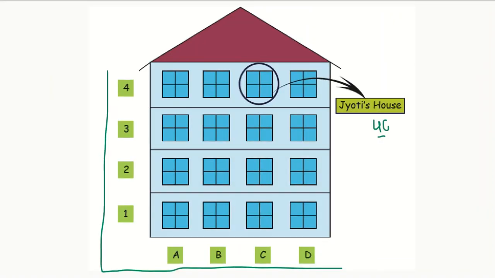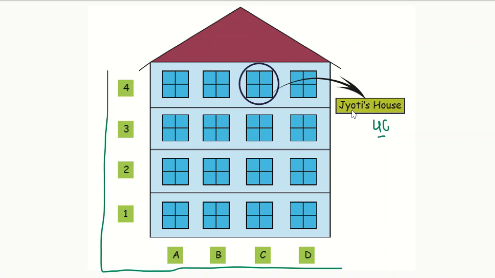For example, this is a 4-story building. 4-story means here we have 4 floors, and each floor has four houses, and the houses are labeled A, B, C and D.